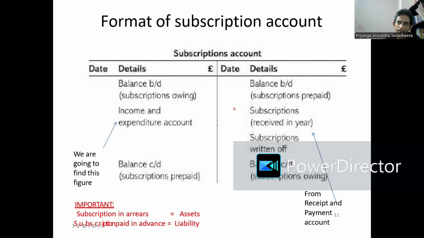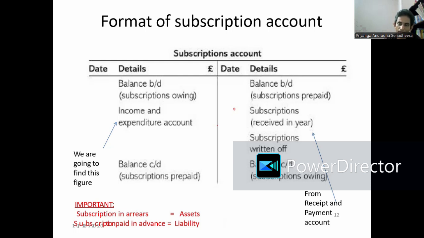Subscription in arrears. That means members have to pay their subscription fee, and we, as a club, imagine, the club has to get that money. So till we get that, we have to consider it as an asset. So remember, subscription in arrears is an asset here. Subscription paid in advance means the members have paid the subscription not only for this year, they have paid for the next year.